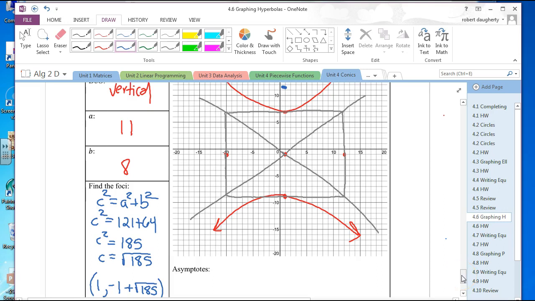So 10, 11, 12, 13, somewhere down in here is the other one. And again, I'm not too concerned about was it here, was it here, was it there. I want you to get them exactly, okay? And then you know that it's located. If that's a vertex, you know it's there. What I don't want to see is a focal point that is right here underneath the vertex, okay? You know that it goes outside in the case of a hyperbola.